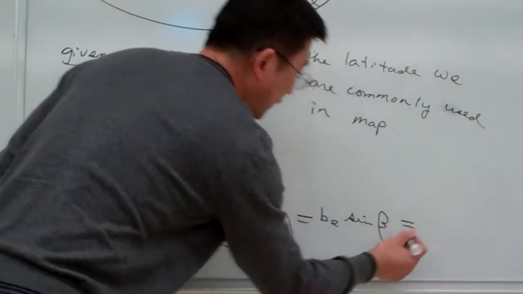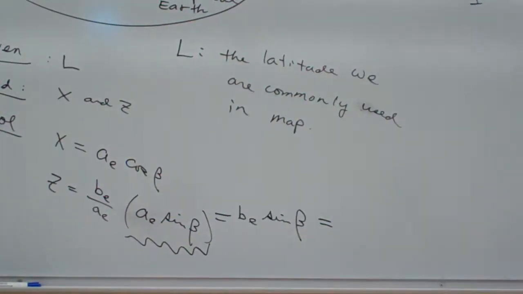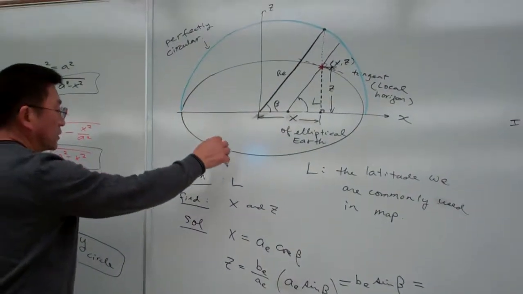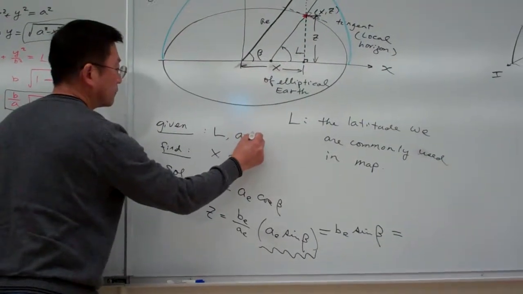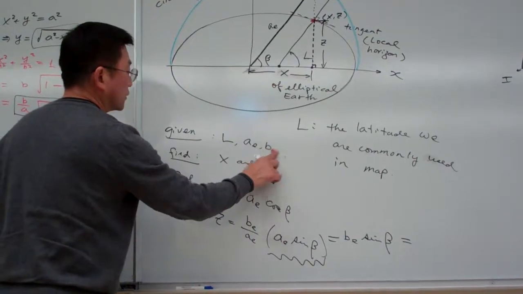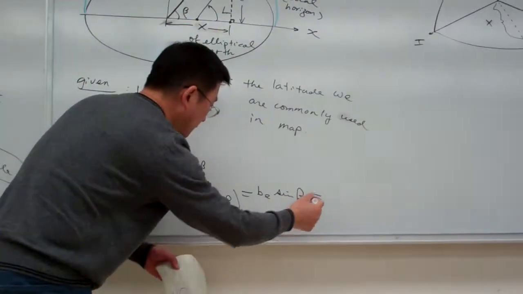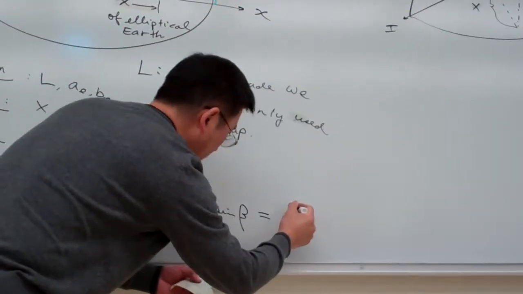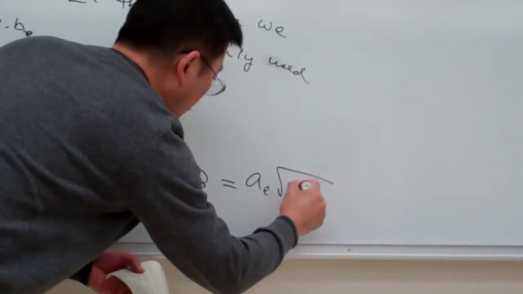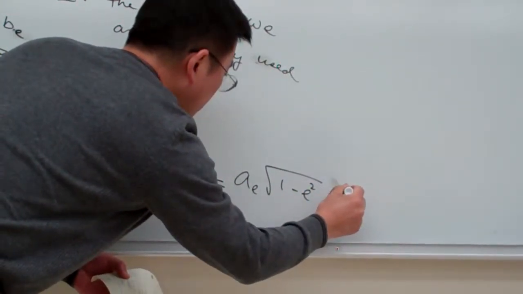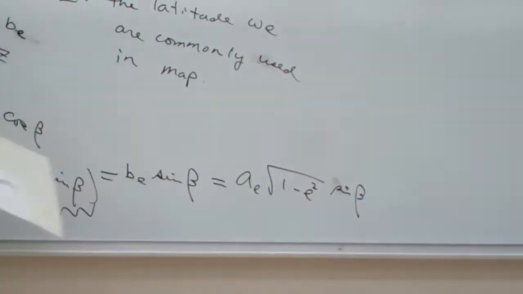And if you wish, because usually we are given the Earth's radius, which is AE, you can express it in terms of AE, and that is AE times the square root of 1 minus E squared, times sine beta.